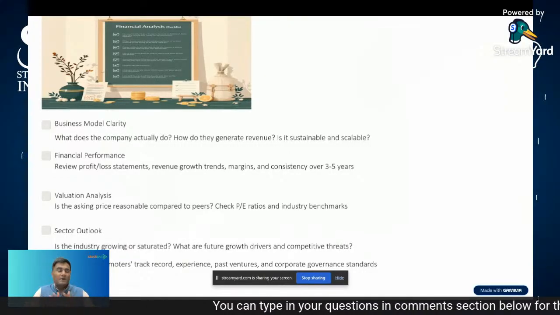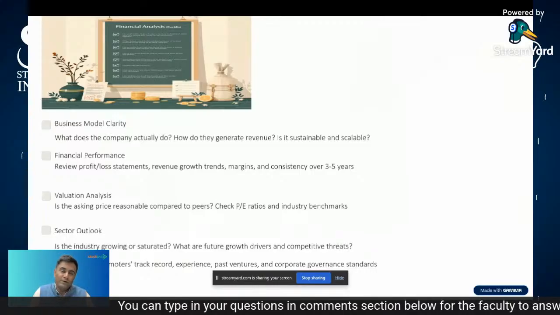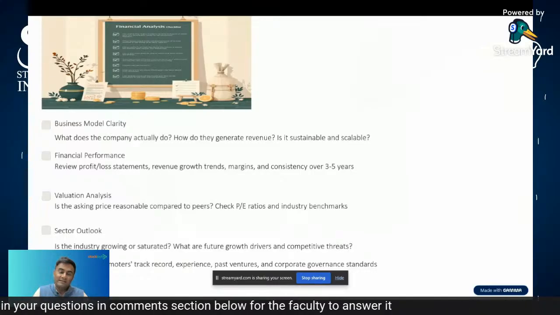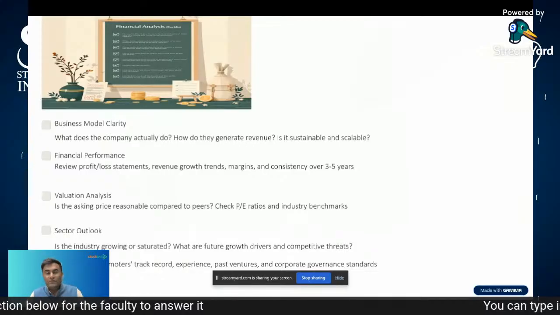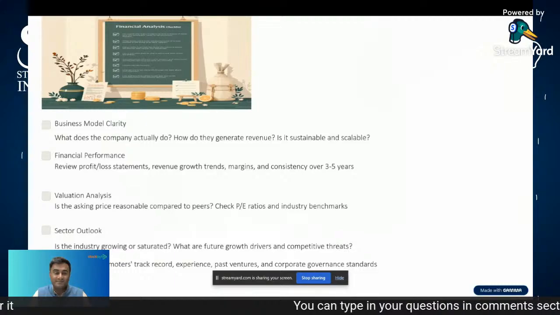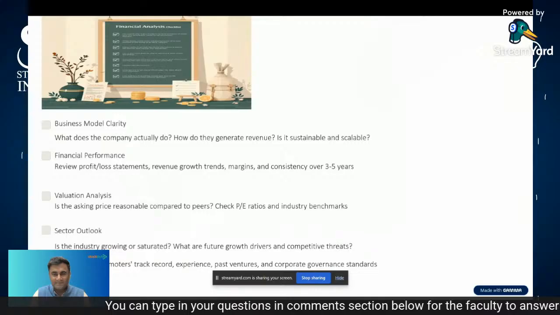Because in a bull market, there will be a lot of IPOs coming. If you just search online, for 2023 and 2024, in these 2 years, we had more than 500 IPOs. That's a huge number.